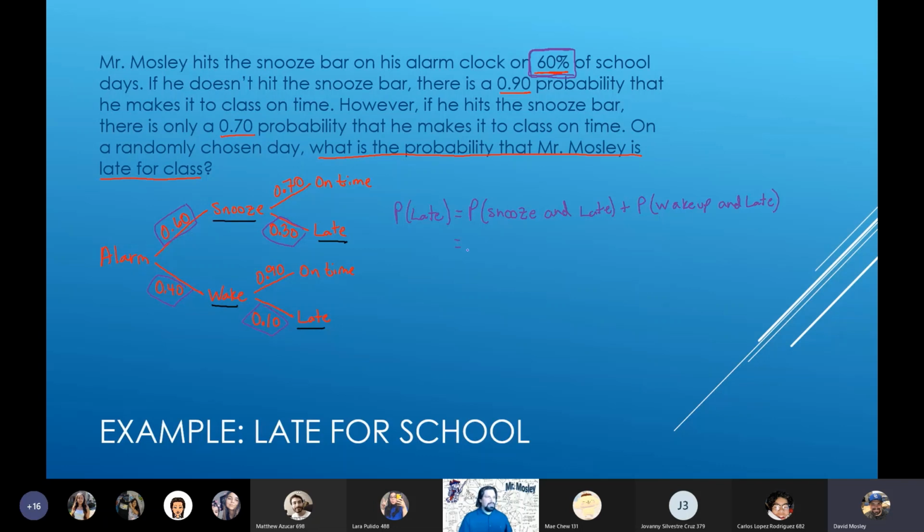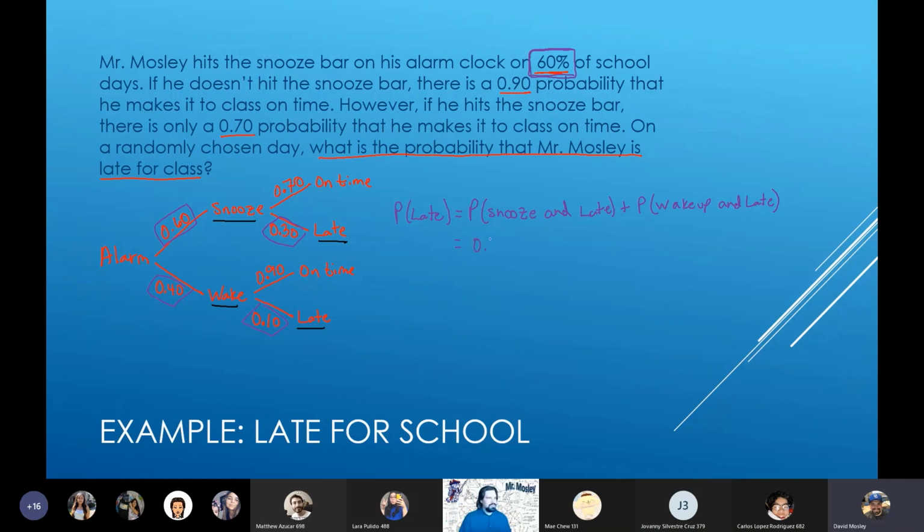Based on the general multiplication rule, we have snooze and late is equal to the probability that I hit snooze times the probability that I'm late given that I hit snooze. The long and short of it is I multiply these two probabilities.